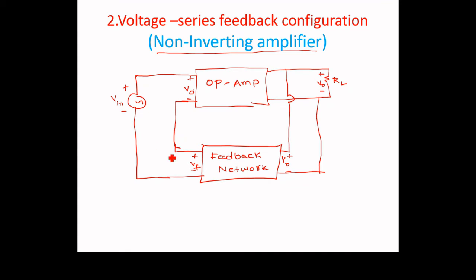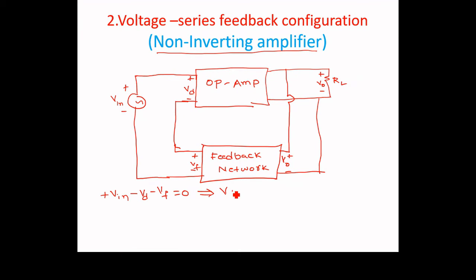Again you apply KVL in the input loop. So I am writing from the input voltage: -Vin plus Vin, and here +VD minus VD. Again here +VF minus VF is equal to 0. Now what is VD?